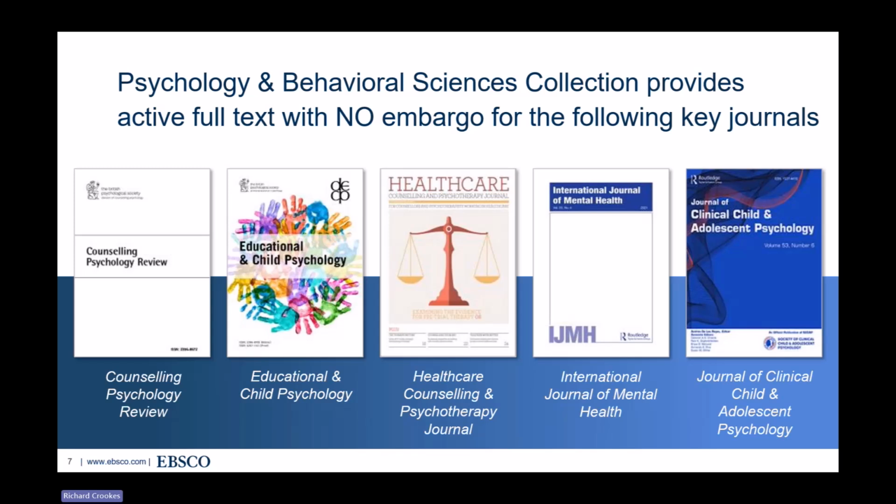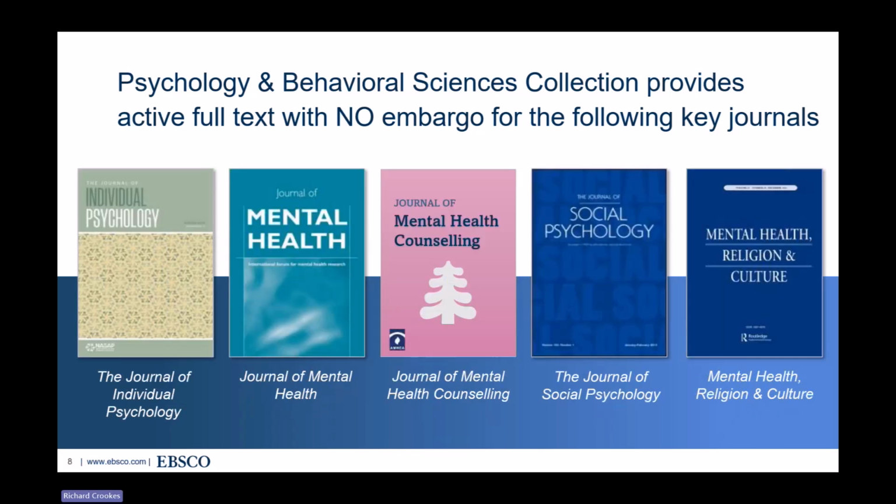In terms of some of the sample titles that you'll find on this database, these are active full-text titles with no embargo, so no barrier to the current full text for these journals. For example, you've got the International Journal of Mental Health, the Journal of Clinical Child and Adolescent Psychology, and there are more, including the Journal of Mental Health, Journal of Mental Health Counseling, Mental Health, Religion and Culture.